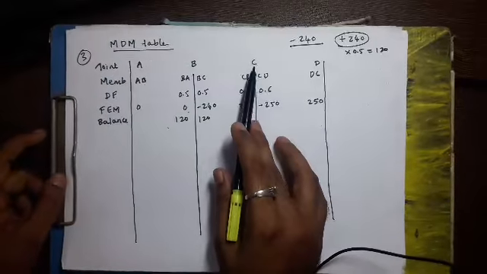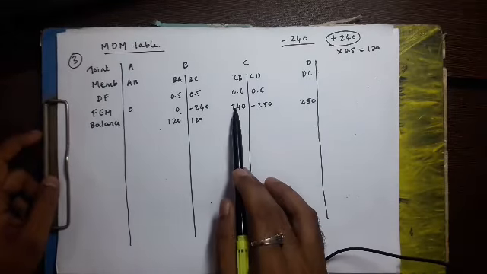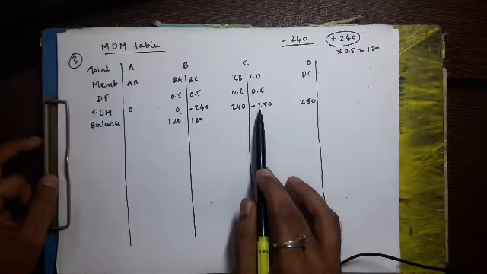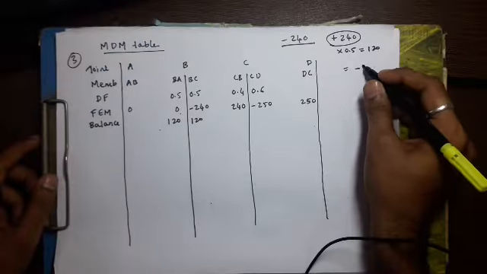Similarly, you see the net moment at joint C: 240 plus 240 minus 250. So the net moment at joint C is minus 10.